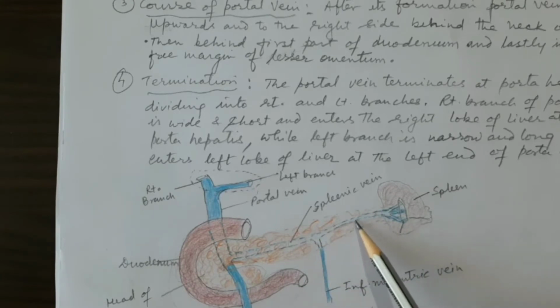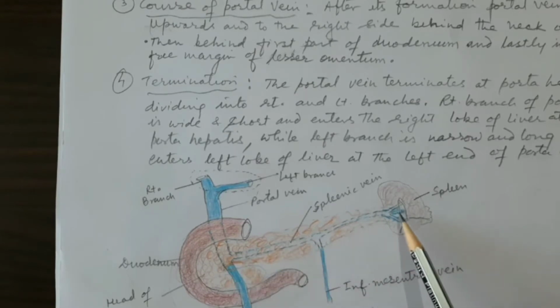This splenic vein is passing through the substance of the pancreas, more towards the posterior aspect, within the substance. So this is the splenic vein which is bringing the venous blood from the spleen.